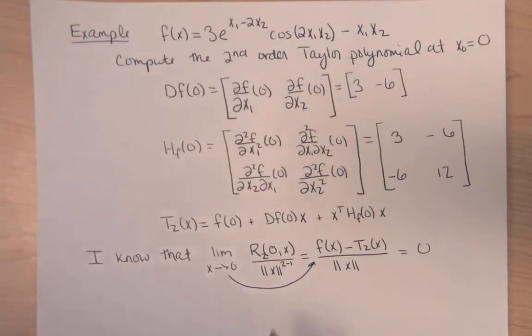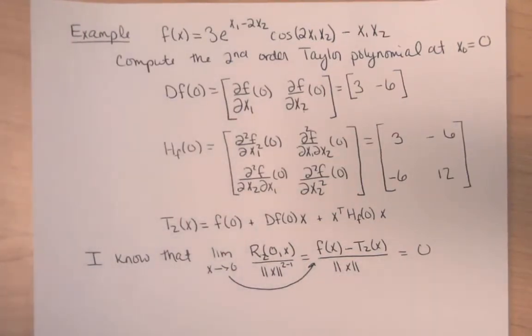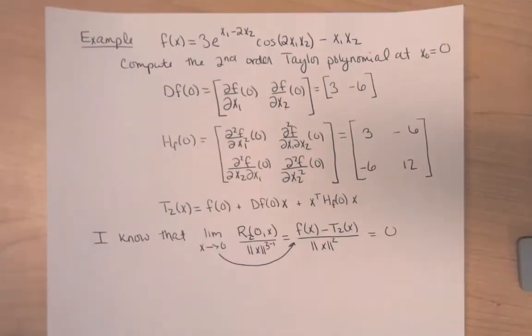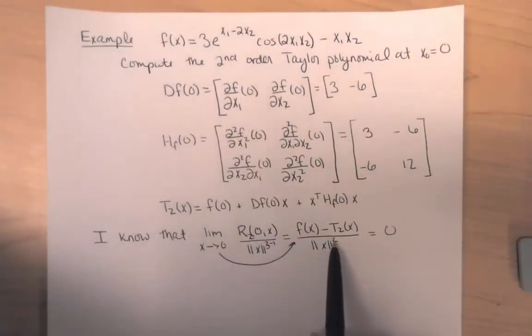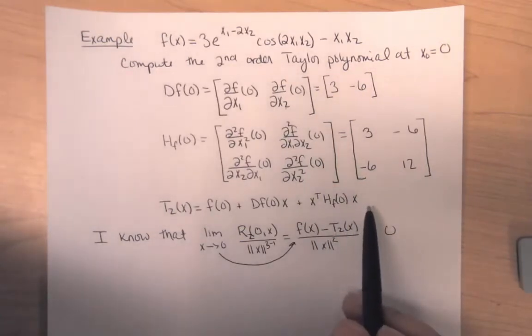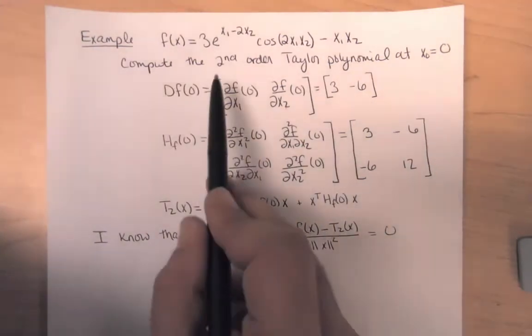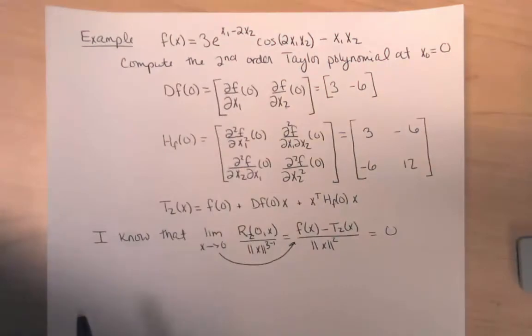So this gives me an idea of how close this Taylor polynomial is to my function when x is sufficiently close to 0. I'm sorry, this should be 3 minus 1, which is of course 2, because my remainder term involves the third derivative. In other words, this is the Taylor expansion applied to r equals 3. That gives me the second order Taylor polynomial.